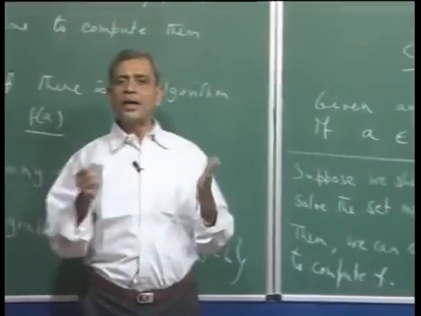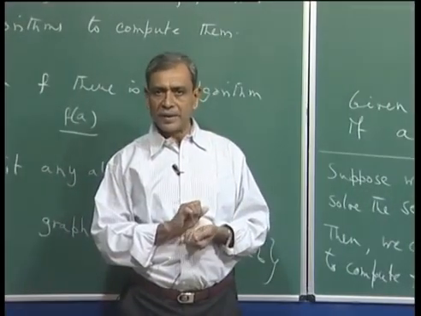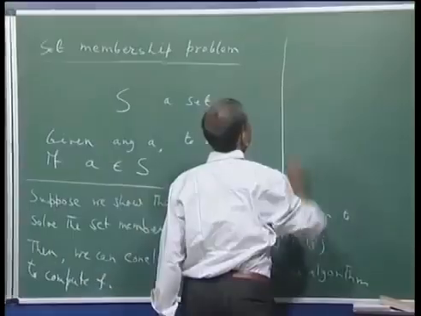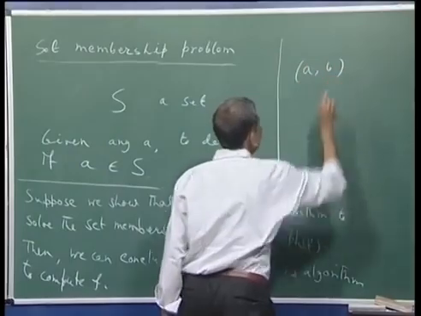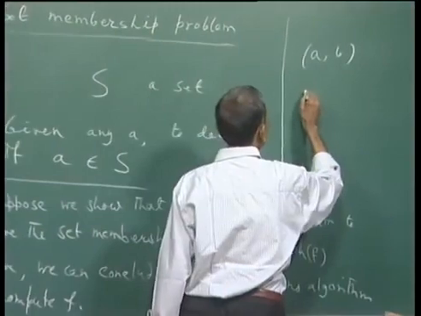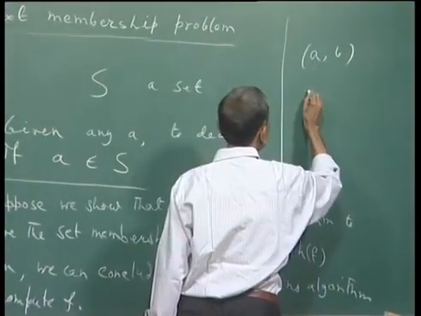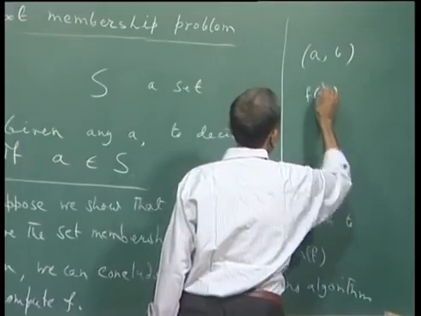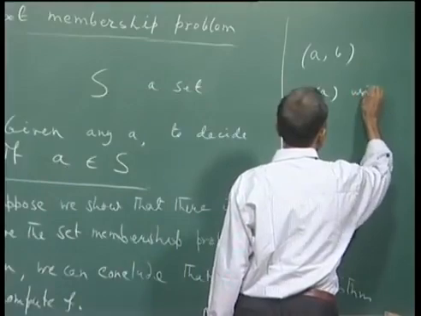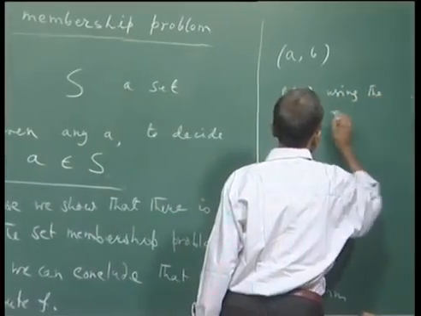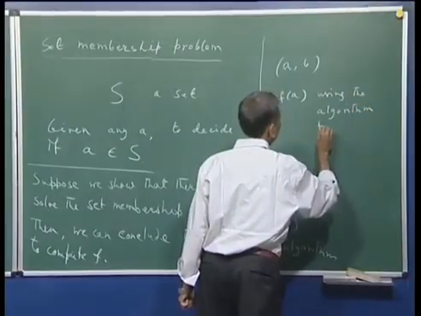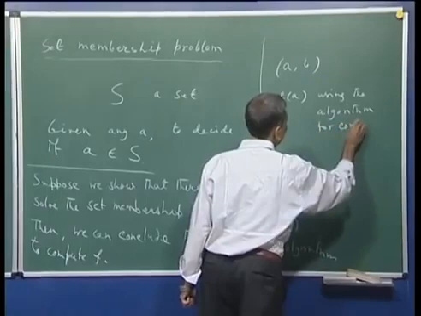So, if you have an algorithm to compute f, and somebody gives you this tuple (a, b), then what you can do is look at the first argument and compute f of a using the algorithm for computing f.